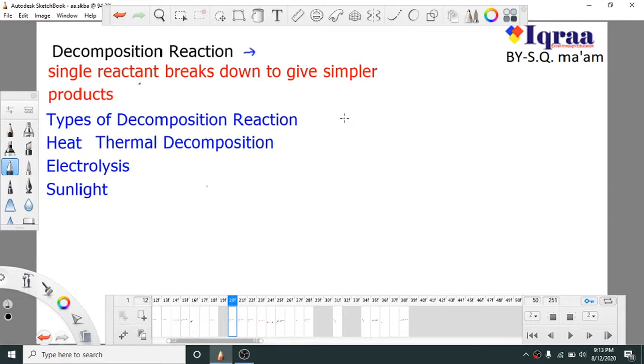It means that if there is a reactant A and it is a complex reactant. Why is this a reactant? Because it will go into a reaction, and after going for a reaction it will produce two other substances or products.